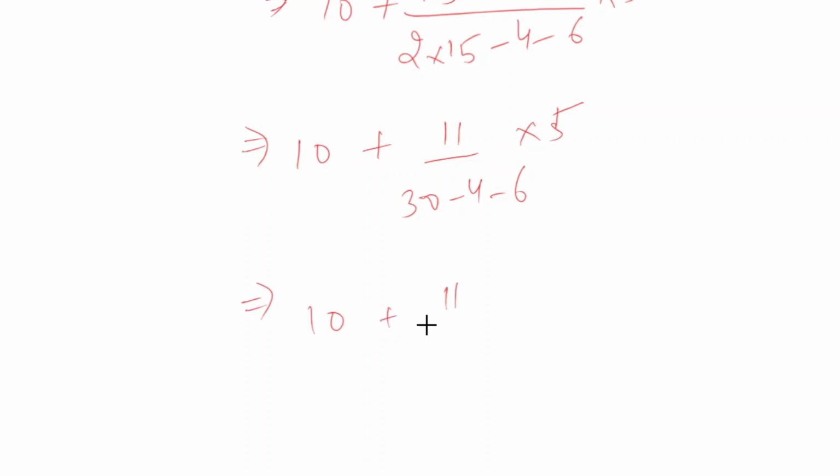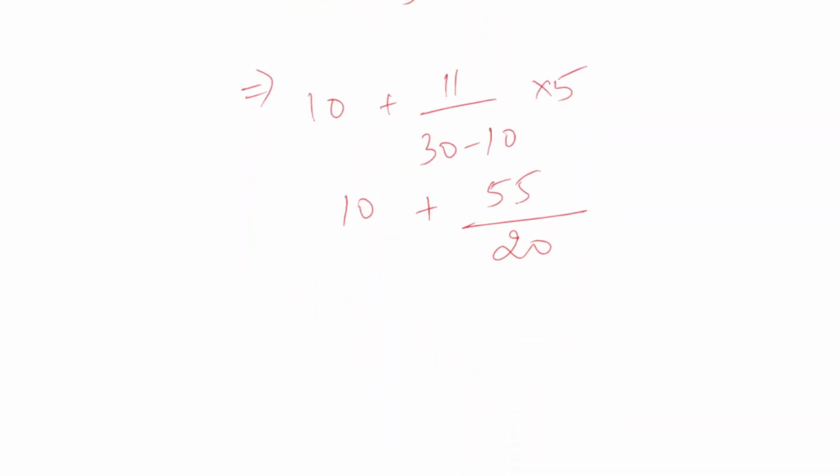10 plus 11, 30 minus 10 into 5, that is 10 plus 55 divided by 20. While calculating these, you will get 2.75. So your answer will become 12.75.